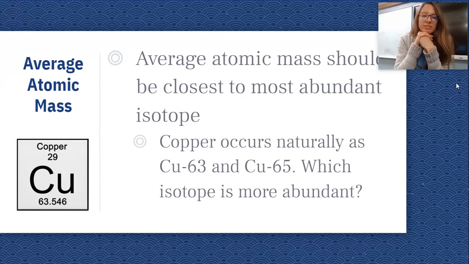Copper-63 has a mass of 63, and copper-65 has a mass of 65. The average atomic mass is closer to 63 than it is to 65, so therefore we can conclude that copper-63 would have the higher relative abundance because the average atomic mass is closer to 63 than it is to 65. It's just kind of basic statistics.